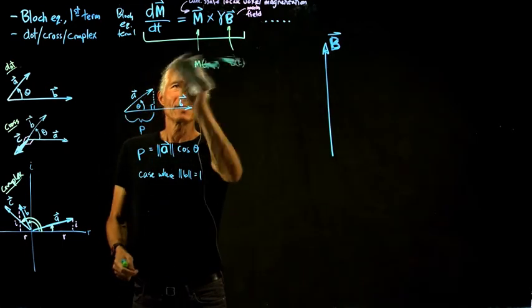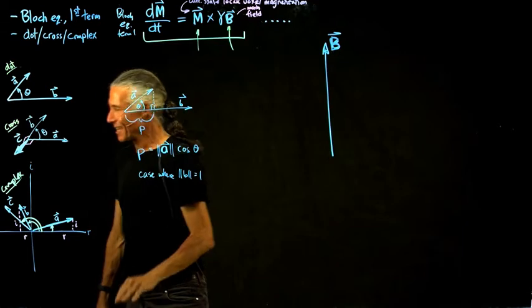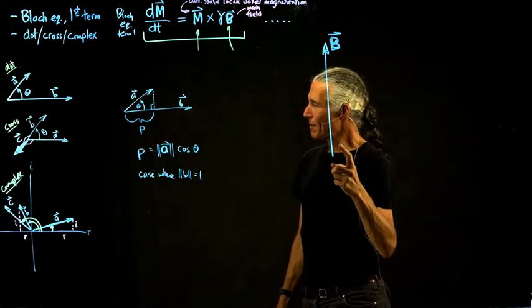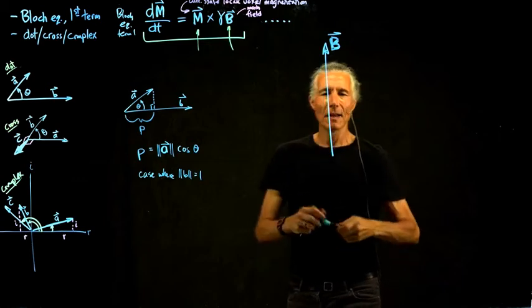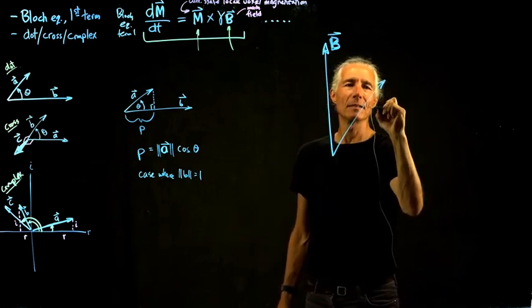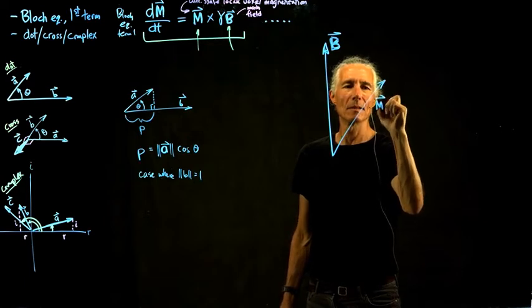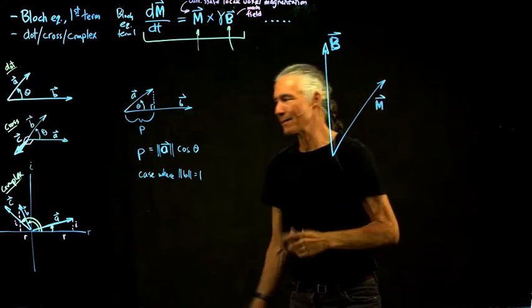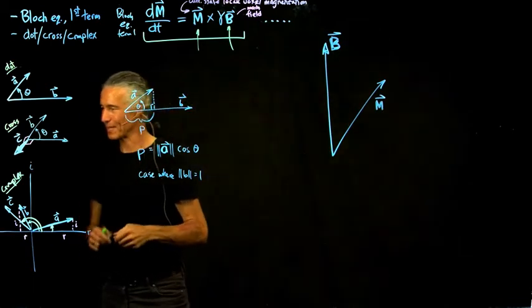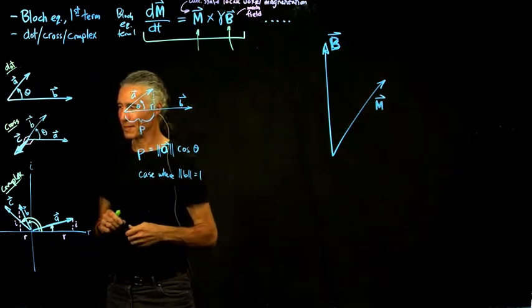But let's forget about all that and just say, at this point in space, this is what the B is, and at this point in space, this is what the M is. So here's our M. Now, it could be exactly the same, but I just drew it not exactly the same so we can see something actually happen.